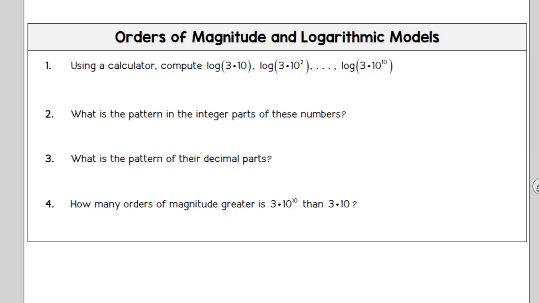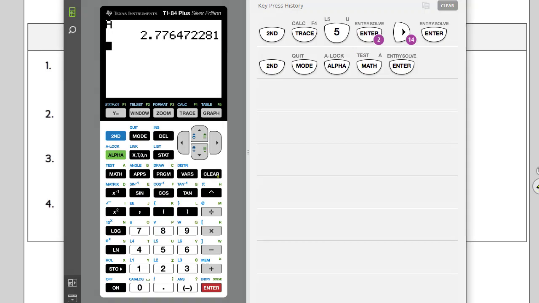Let's see if we can do that on our calculator. We're going to do log of 3 times 10.